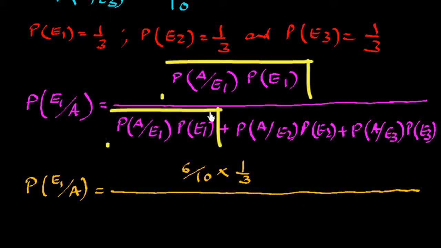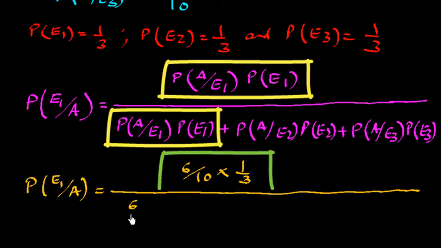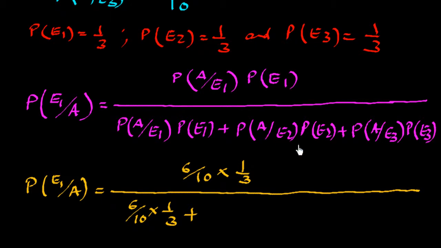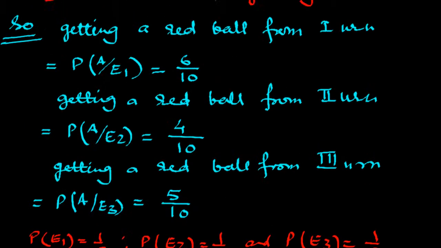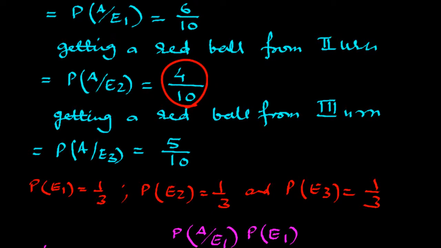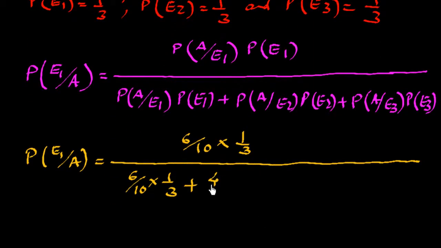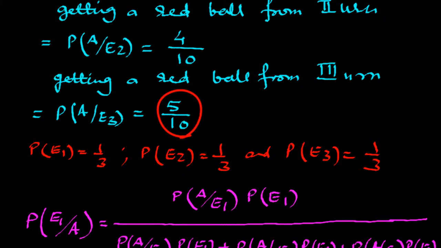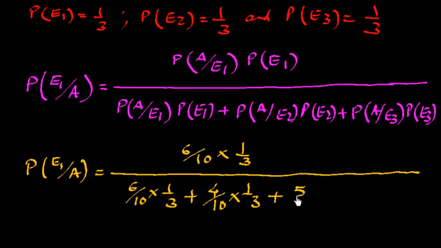In the denominator, the same thing: 6 over 10 into 1 over 3, plus the probability of A given E2, which is 4 over 10, into the probability of E2, which is 1 by 3. And the third one, the probability of A given E3 is 5 over 10, into the probability of E3, which is 1 over 3.